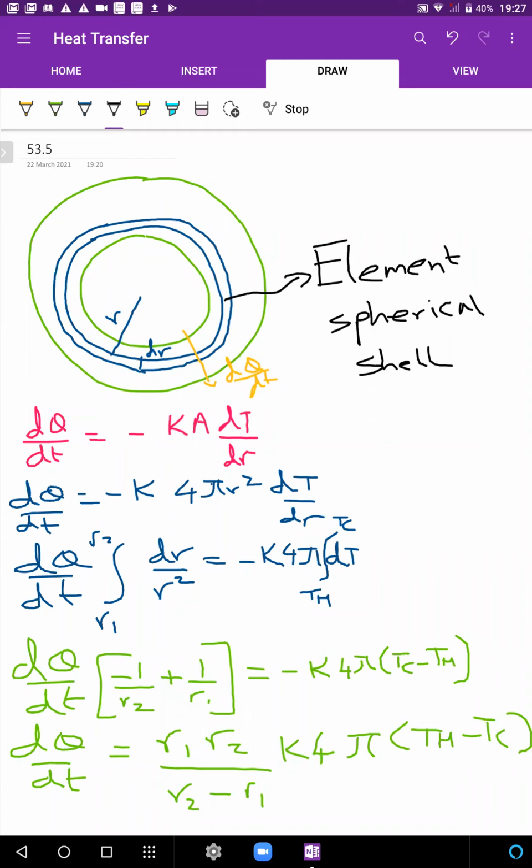One of you is saying you have a doubt, shouldn't it be 4 pi (r plus dr) whole square? Please understand, 4 pi (r plus dr) whole square is the area of the outer surface, and 4 pi r square is the area of the inner surface, and dr is infinitesimally small. So how different are they going to be?